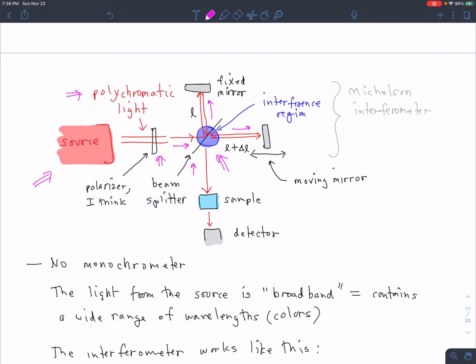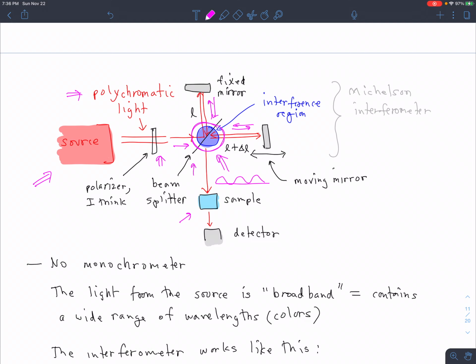They bounce off of these mirrors and come back, and then they recombine in this interference region. And the result of that is that depending on which wavelengths are present, you get a wavelength modulated intensity coming out. All of that hits the sample, so it's not monochromatic light that's hitting the sample anymore.